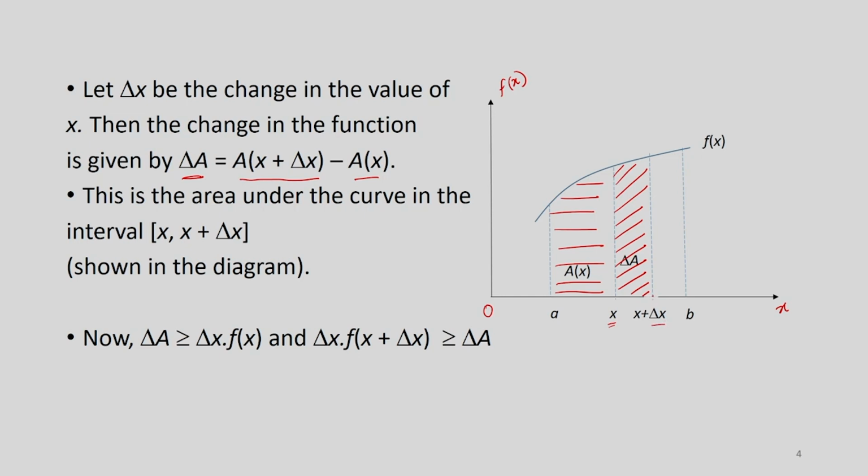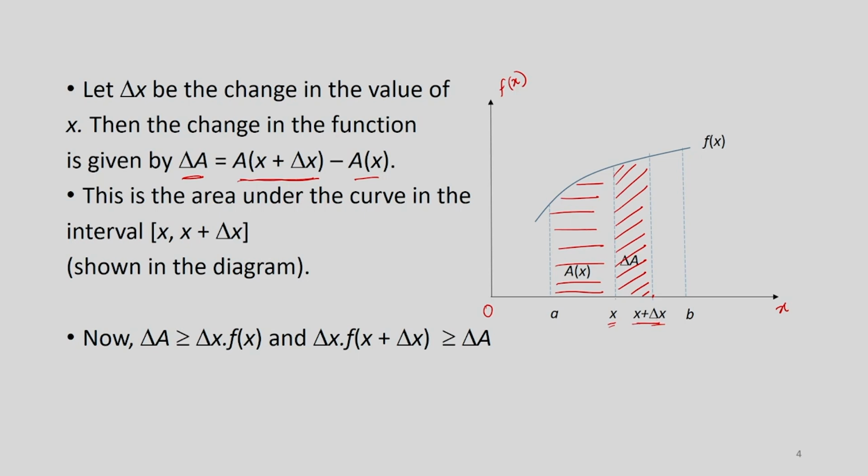So the new value of x is this much, x plus delta x. And the new value of the function is how much? The function means the A function, it will be A of x plus delta x, this shaded area plus this shaded area, because this is the new value of the independent variable.